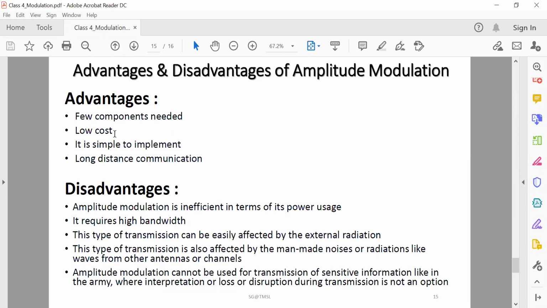The components used in amplitude modulation are very cheap. AM transmitter and AM receiver are built at very low cost, so the total communication system design cost will be minimized, and it is simple to implement, and it is used for long distance communication.